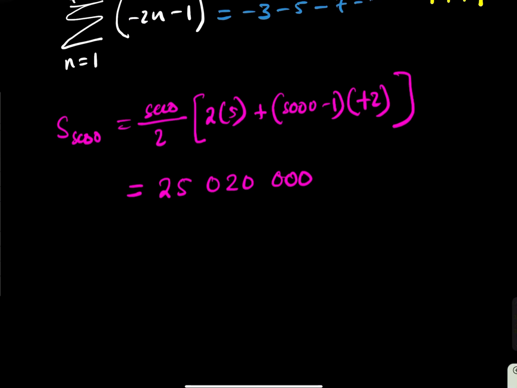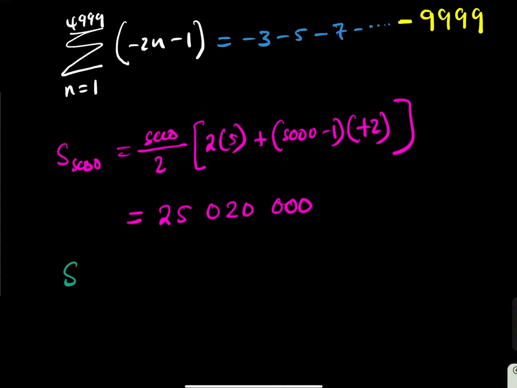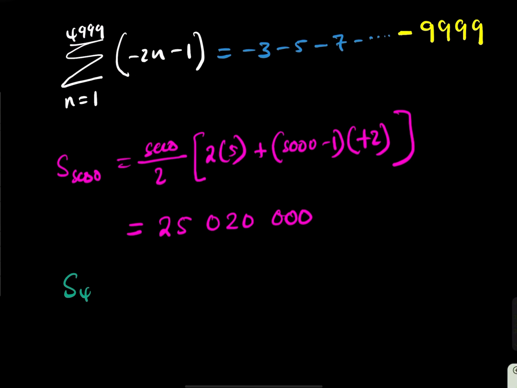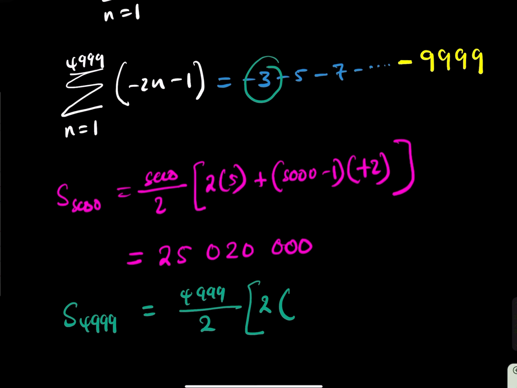Let's also find, the same way, the sum of these ones. That is 4,999 divided by 2 times 2 times the first term, negative 3, so I'm going to put a negative 3, plus n minus 1.